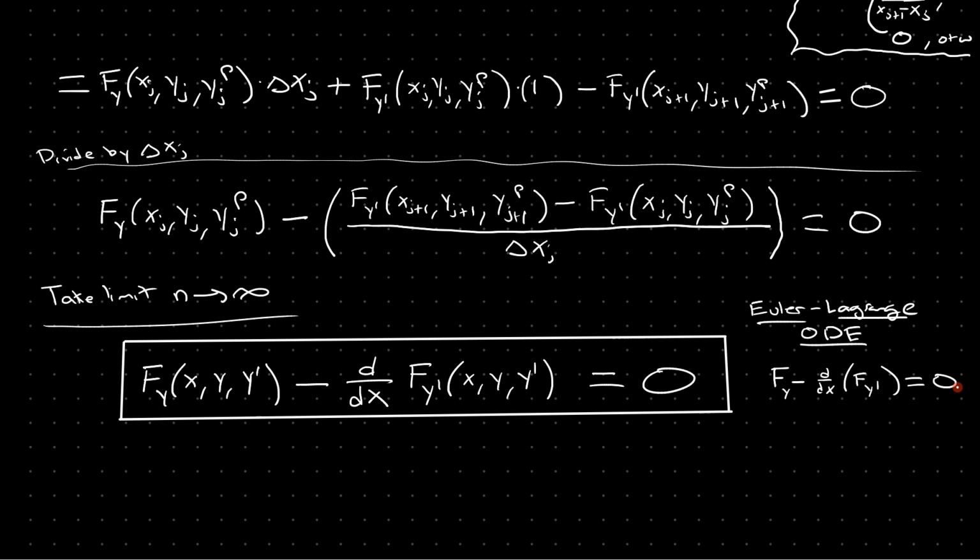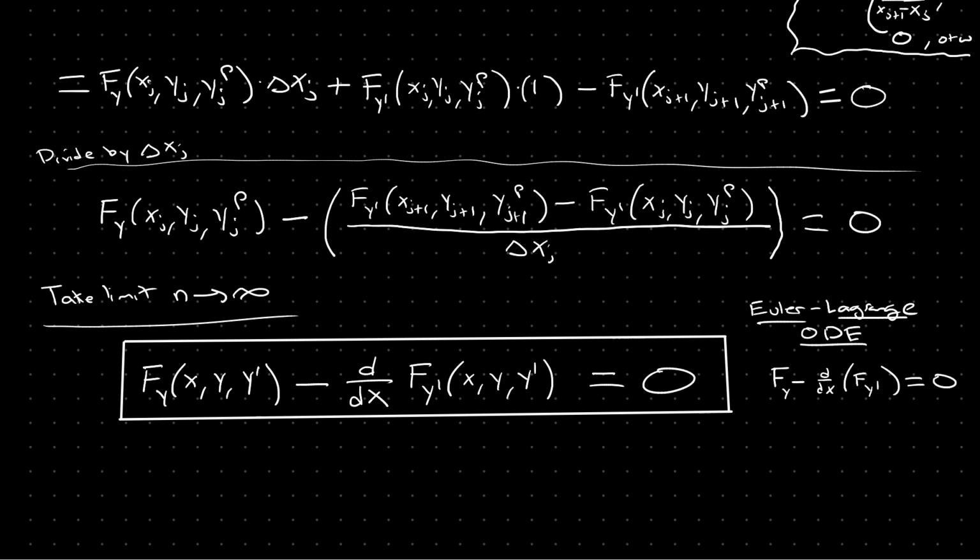But this ordinary differential equation is significantly different from the differential equation that we arrived at when we did method 1 for the finite difference solution. You remember that when we did method 1, we arrived at a first order ordinary differential equation.